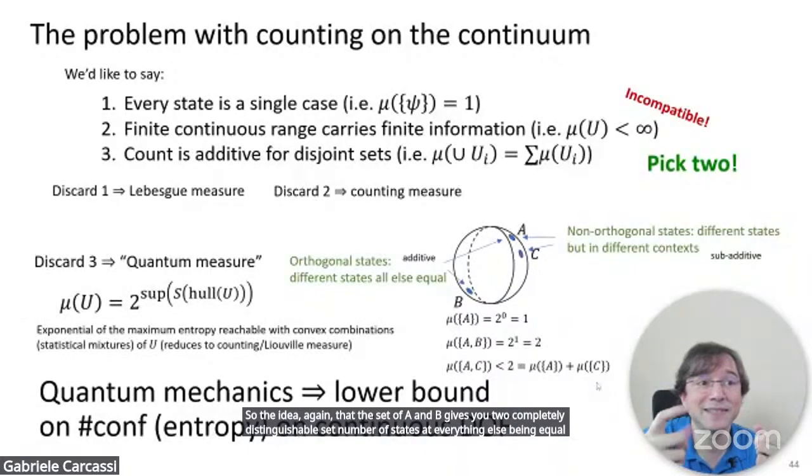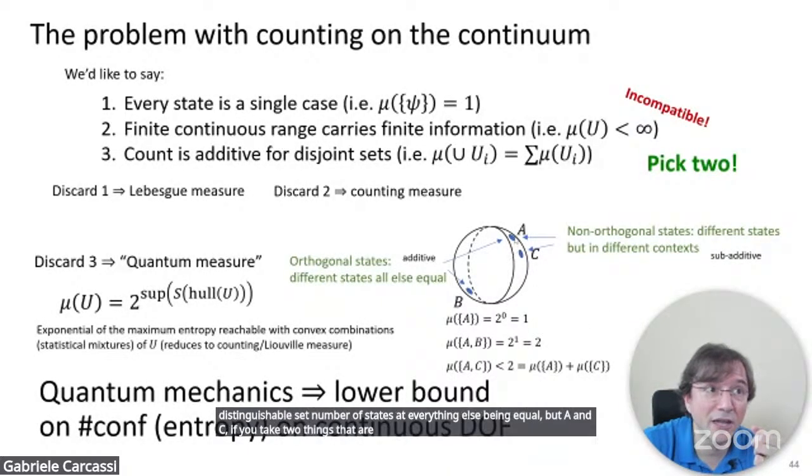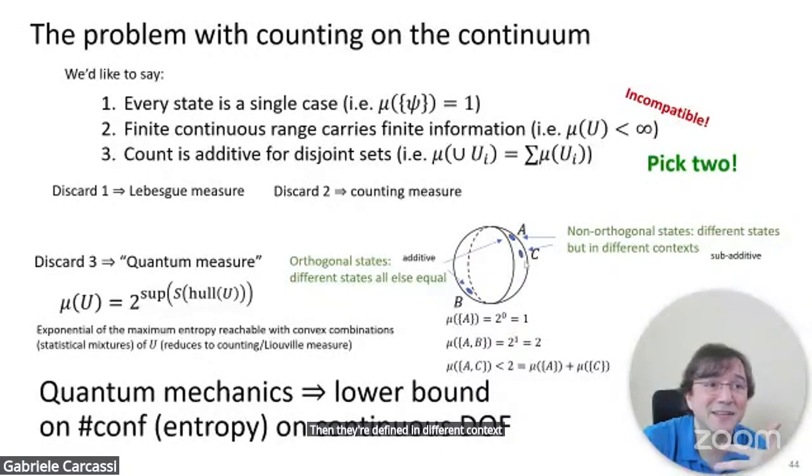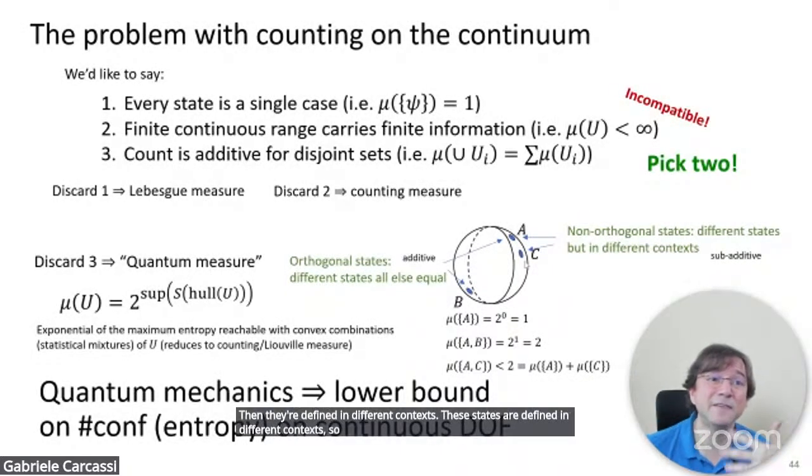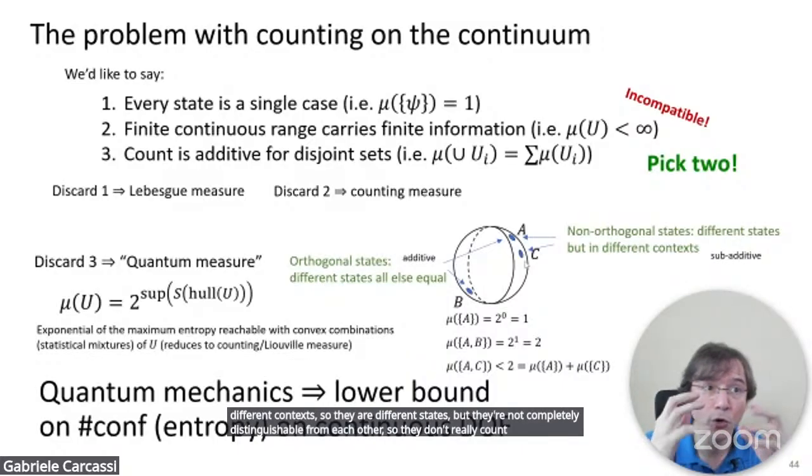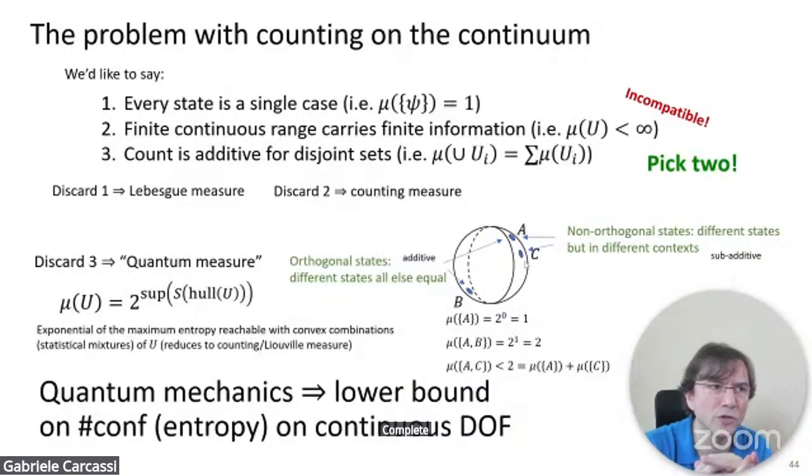But A and C, if you take two things that are not orthogonal, then they're defined in different contexts. So they are different states, but they're not completely distinguishable from each other. So they don't really count as two complete and distinguishable states.